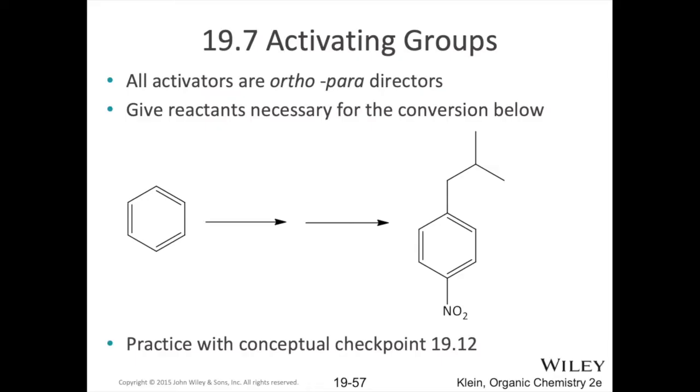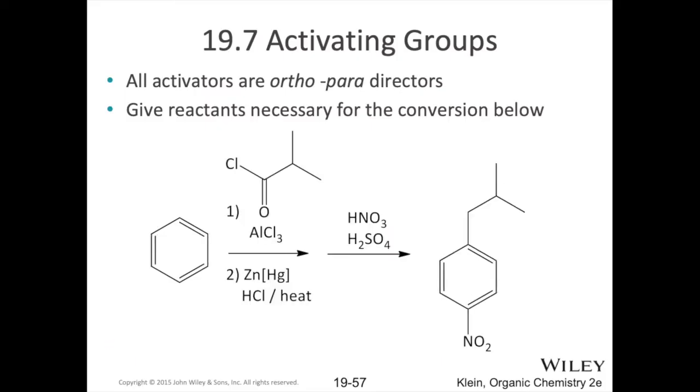Okay, so if you're back after having paused this video and taken a crack at this problem, let's look at the answer. I went out of my way to point out that this was a primary alkyl group. So that should have hopefully raised a red flag in your head that you can't just do a simple Friedel-Crafts alkylation, because of course you can't add a primary substituent that way, right?